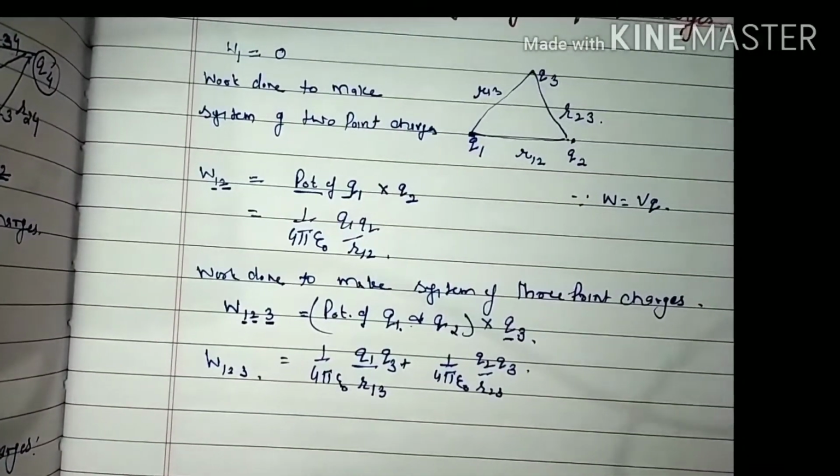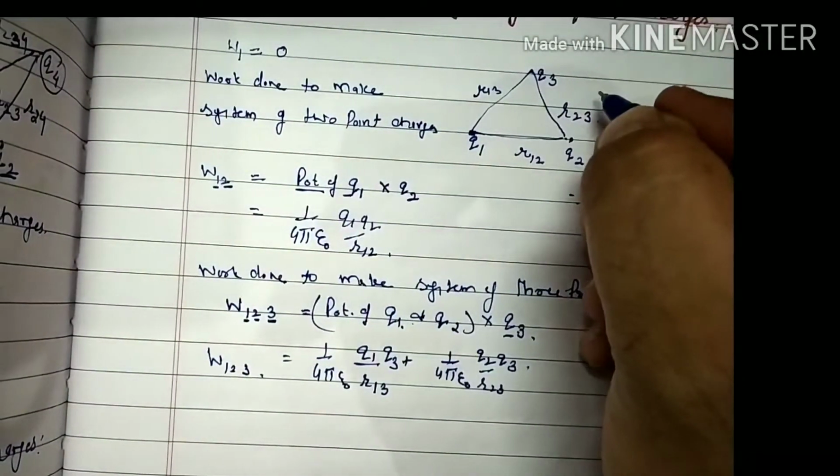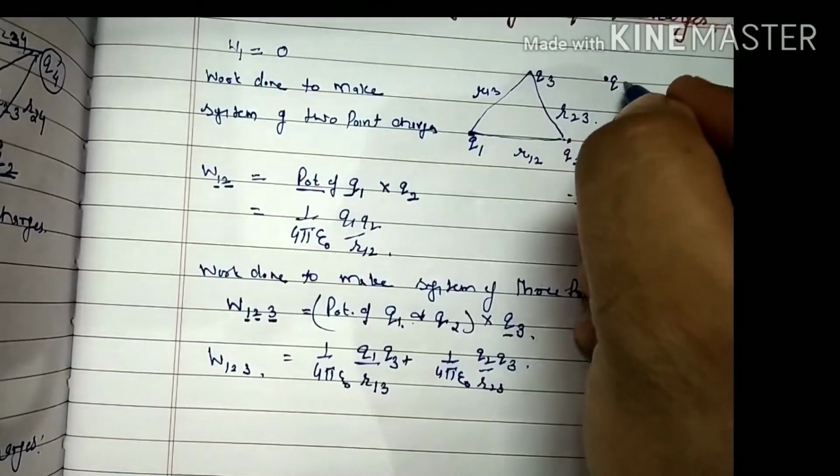Suppose we want to make a system of 4 charges. Suppose we place one more charge Q4.